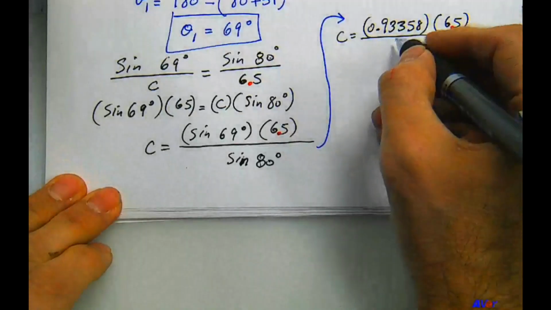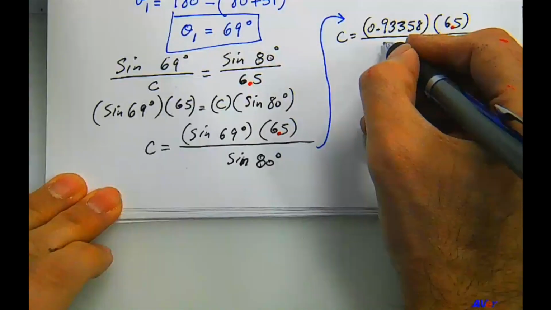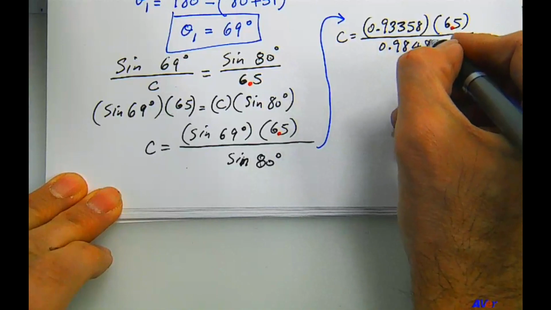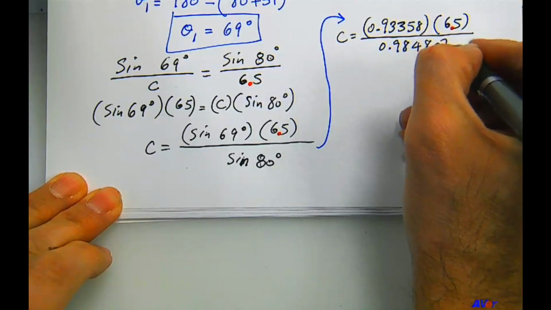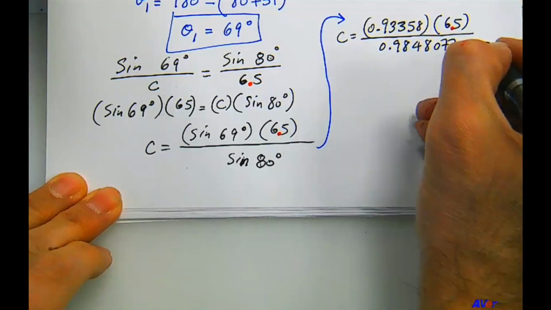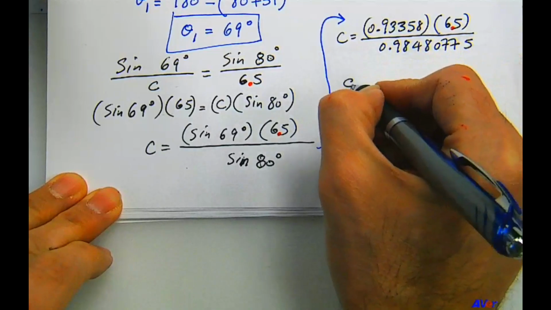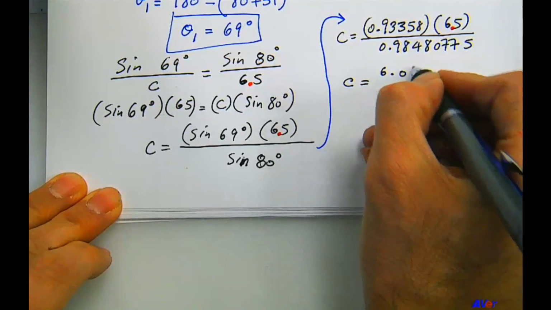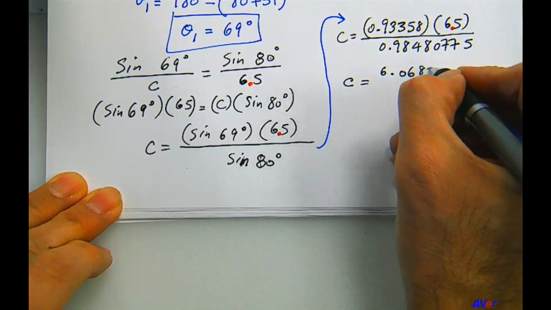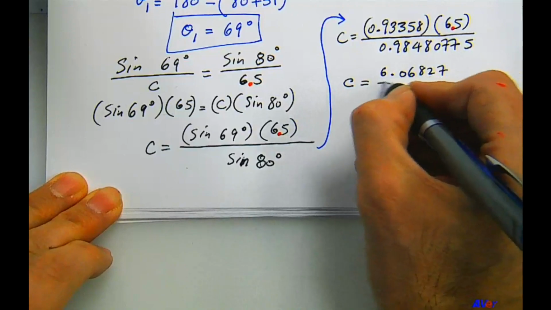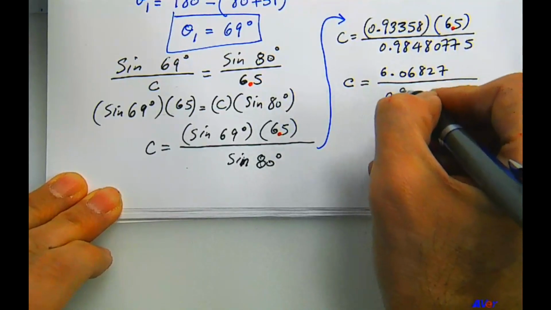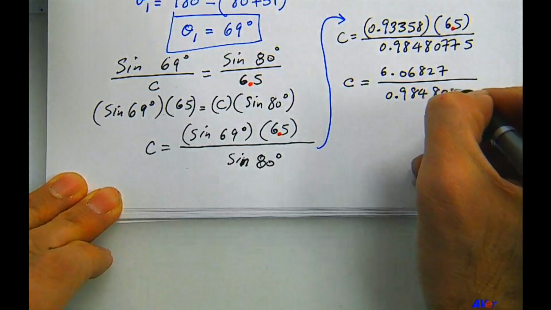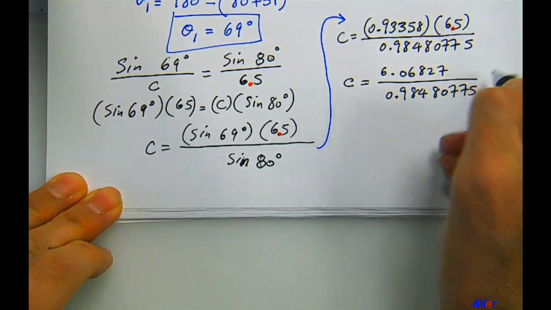And then divided by sine of 80, which I calculated as 0.9848077. And so C is equal to 6.06827 divided by 0.9848077.